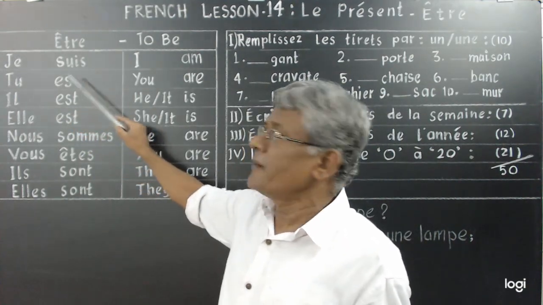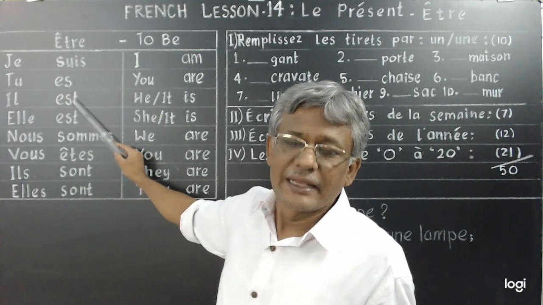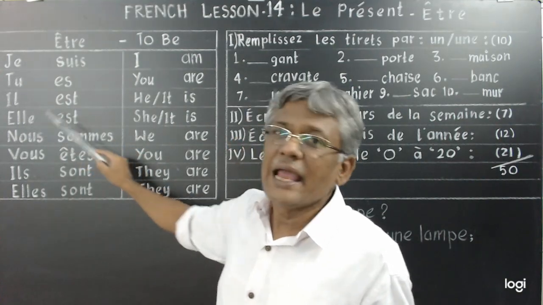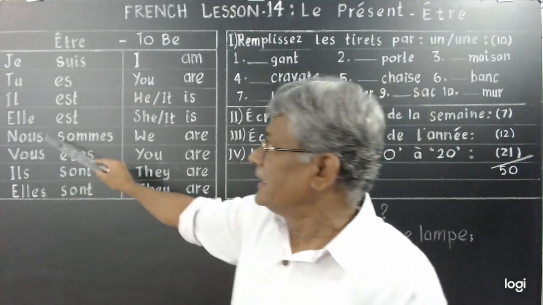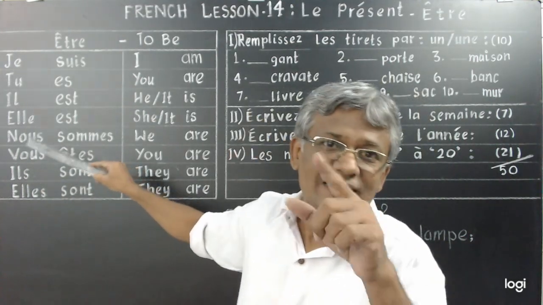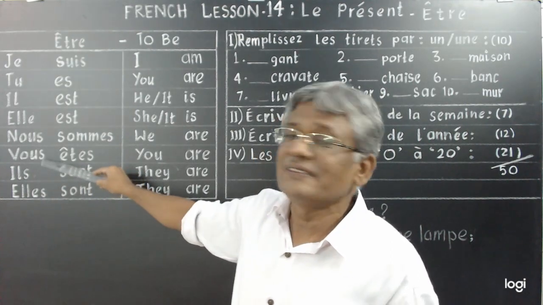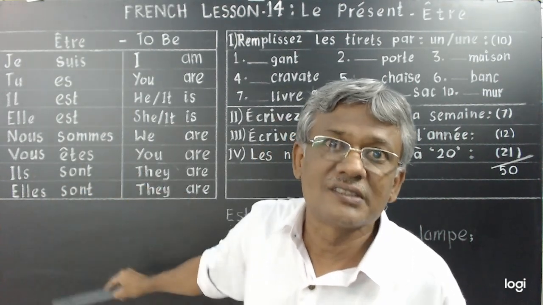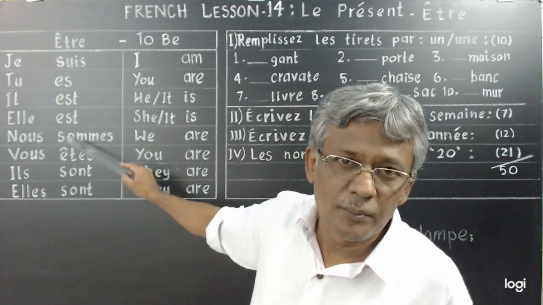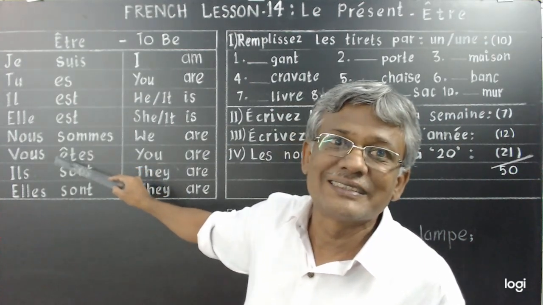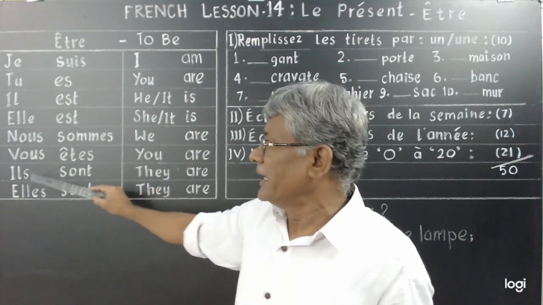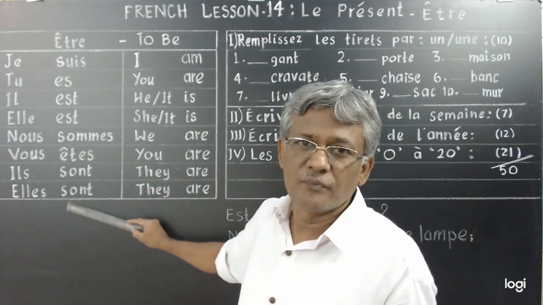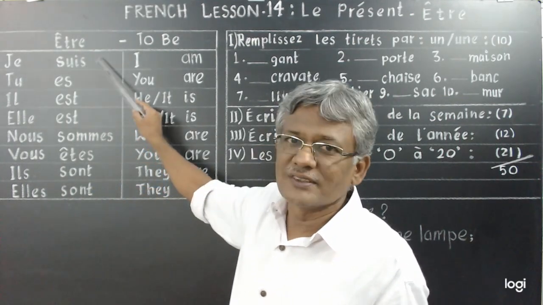Tu es, il est, elle est, nous sommes, with an s sound. Double S, when double S meets it is an s sound; when there is only a single S, it becomes z. So this is nous sommes, and this is a z sound: vous êtes, ils sont, elles sont. S sound again. Repeat once again. Last time.